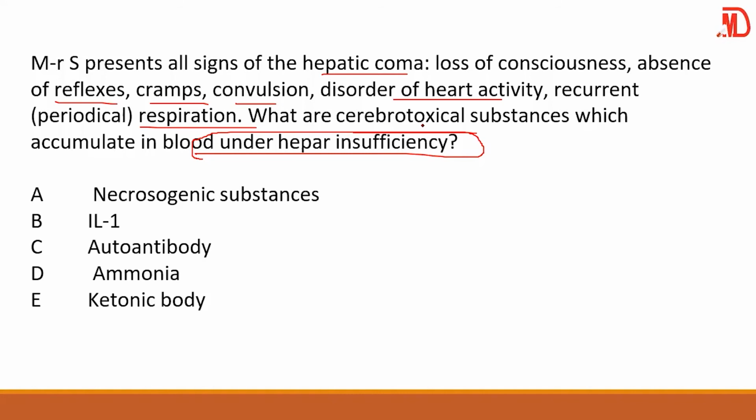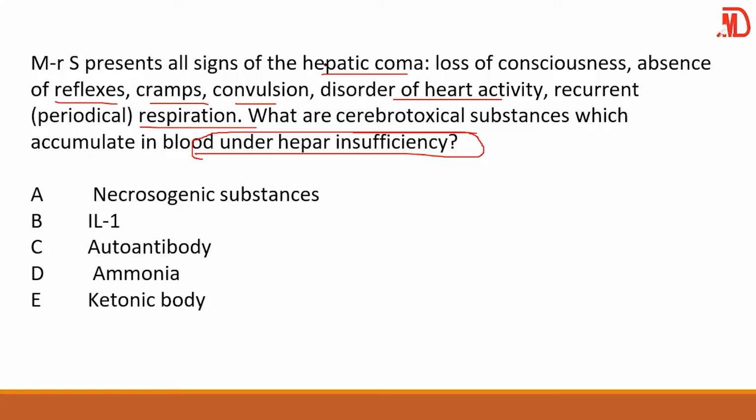As a result, one of the substances that is very toxic to the brain is ammonia. This ammonia goes through the urea cycle to be converted to urea and excreted, that's if the liver is functioning. But here the liver is insufficient or failing.